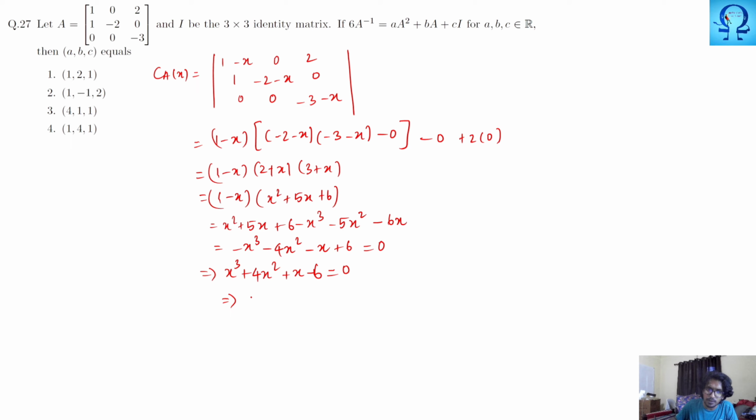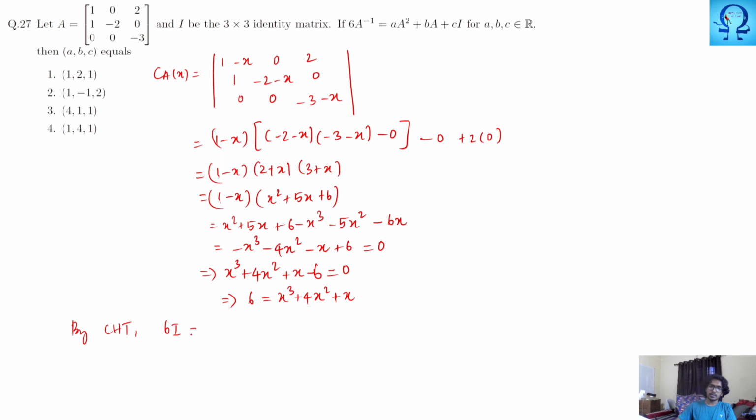So from which what we get is 6 equals x cube plus 4x square plus x. This is the characteristic equation. Actually from this stage we get the characteristic equation. In order to evaluate this problem I have written this one. By the Cayley-Hamilton theorem, every square matrix satisfies its own characteristic equation.